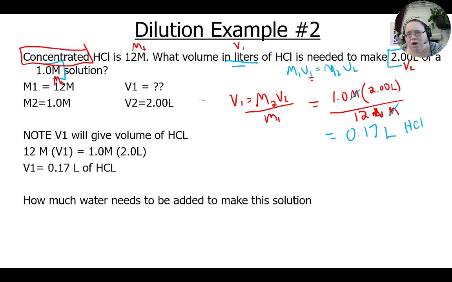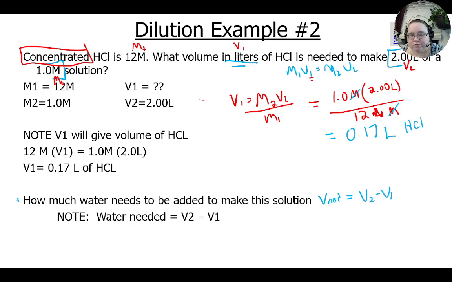Now, how much water am I going to end up adding to that concentrated solution to make that diluted solution? Well, to figure that out, my volume needed equals my V2 minus my V1.